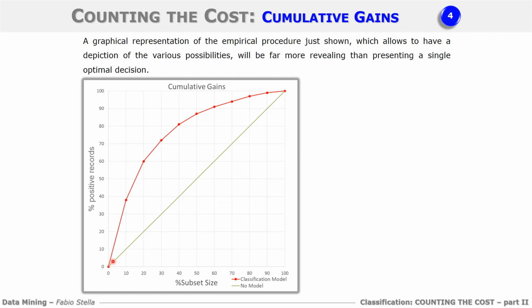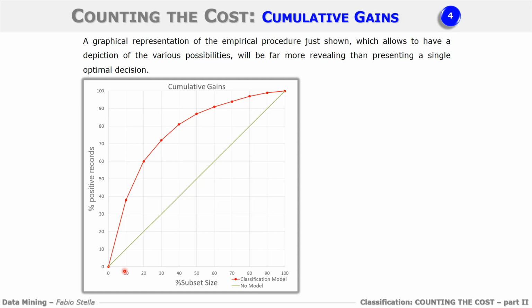In particular, here we have the green one, the diagonal line, which is associated with the no model or zero error classification rule. This rule simply selects the customers to be added to the subset by using the a priori rule.